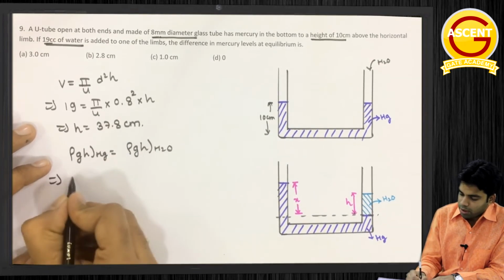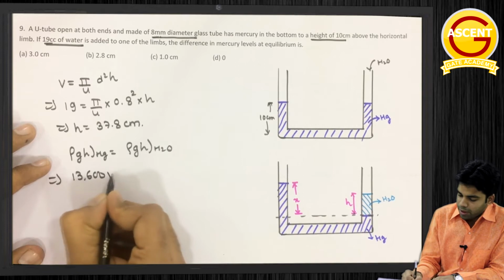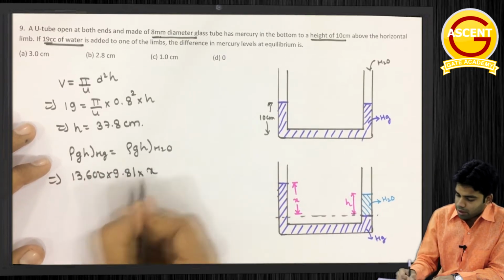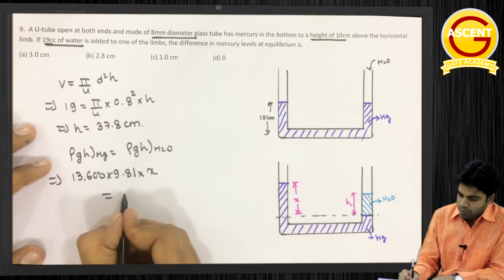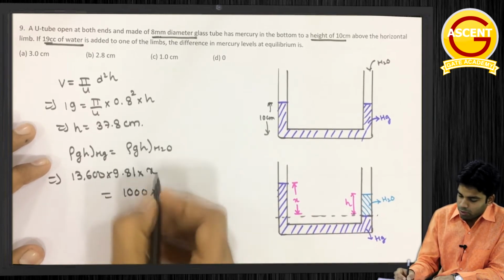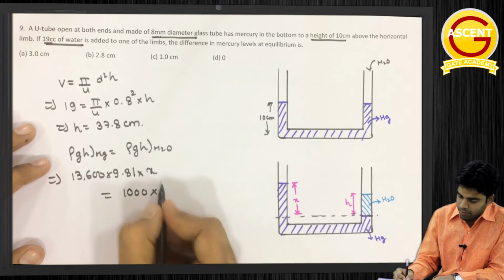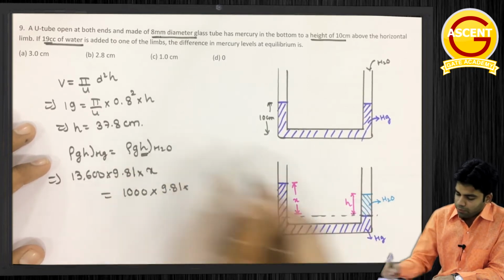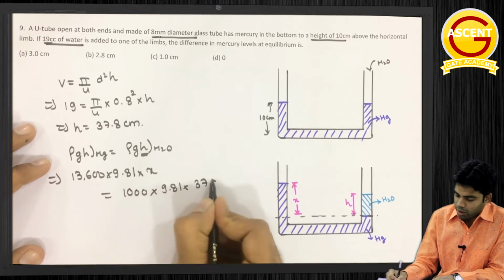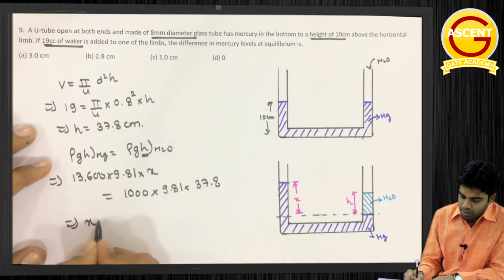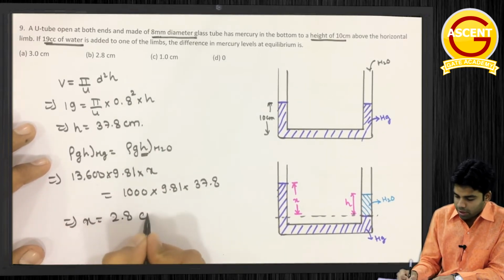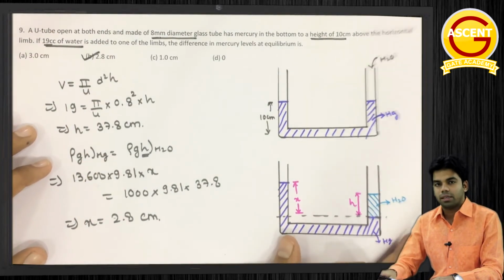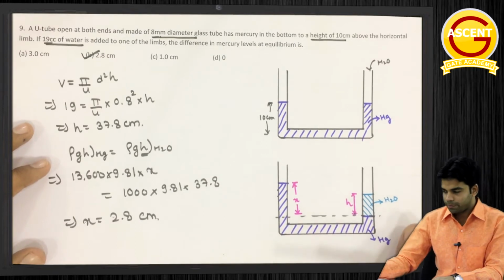So from here this will be 13,600 into 9.81 into x is equal to 1000 into 9.81 into height of water column we have already determined, 37.8. So from here this x will be equal to 2.8 centimeter, answer. Okay, so answer should be B, the difference in level of mercury will be 2.8 centimeter.